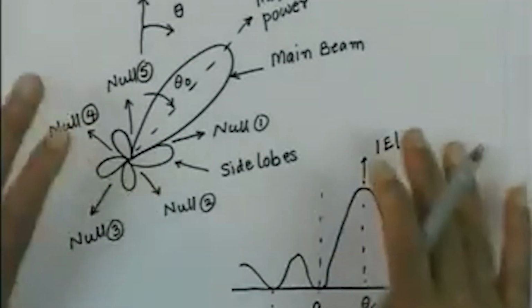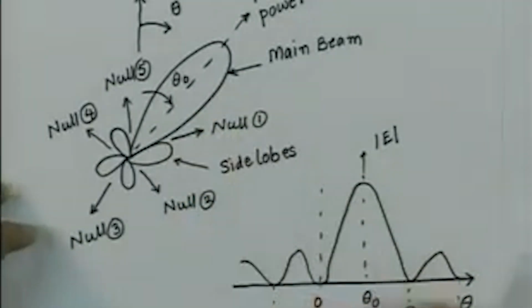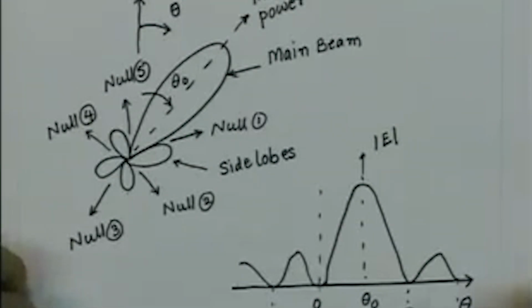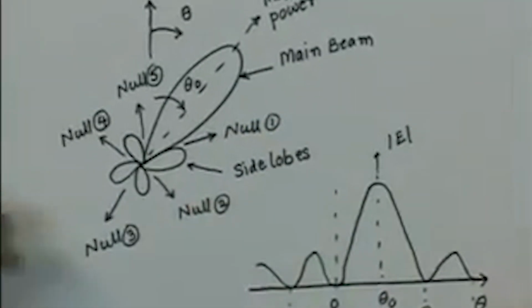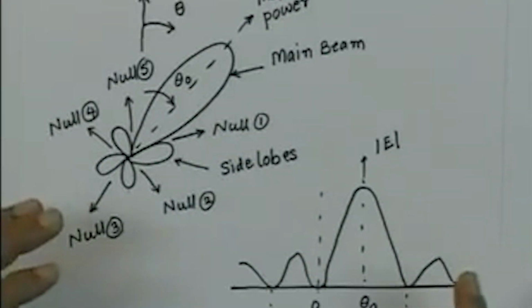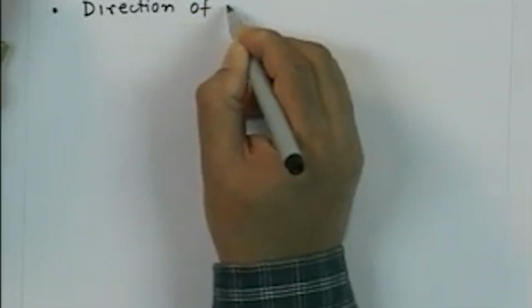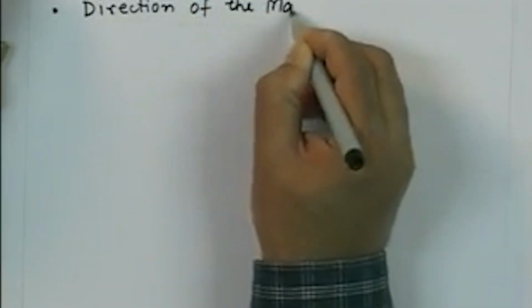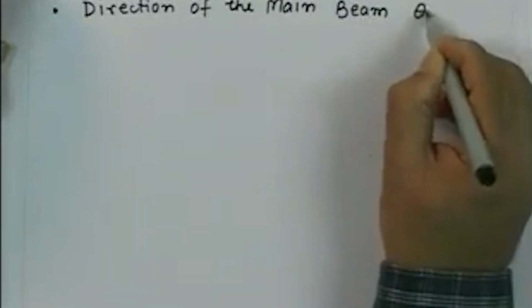Now if I look at this radiation pattern, there are certain characteristic parameters I can extract from it. The first thing that immediately comes to mind is the direction of the main beam. Different antennas can be compared on the basis of the direction of their main beam. So we have a parameter, the direction of the main beam, theta naught.